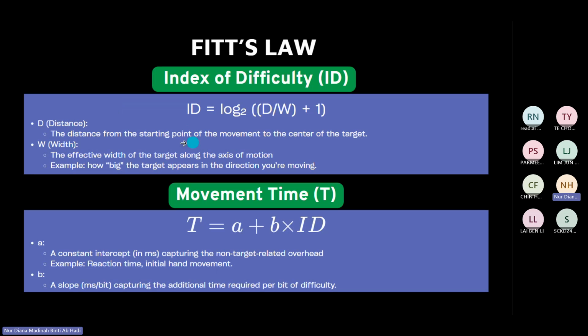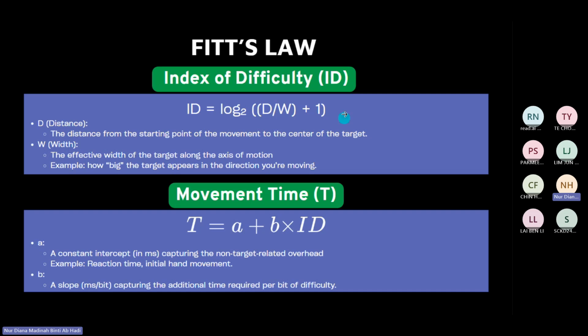D is the distance from the starting point of your movement to the center of the target. The width is W. Usually you want to know how big the target appears in the direction that you are moving. This is the index of difficulty.